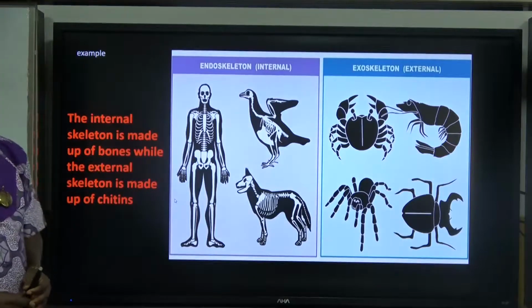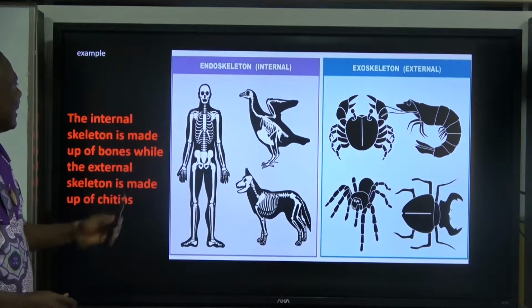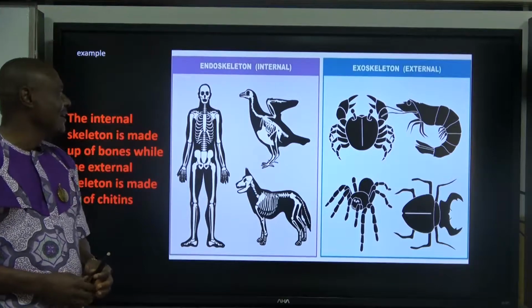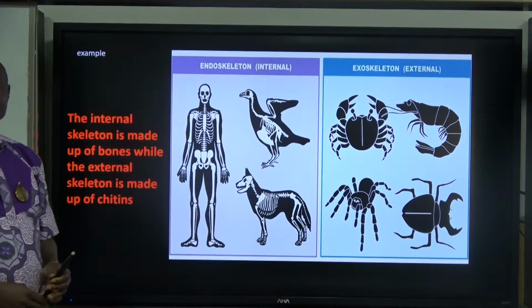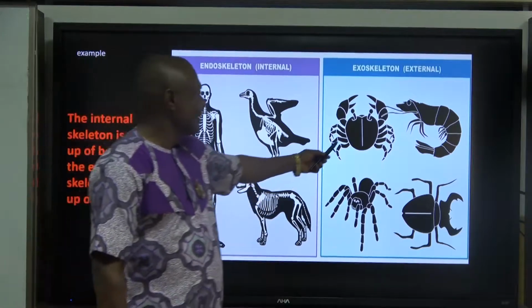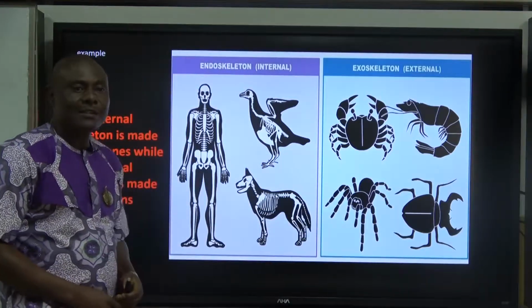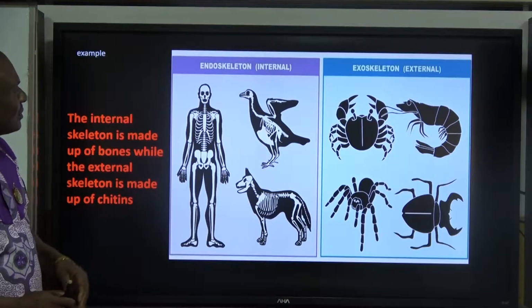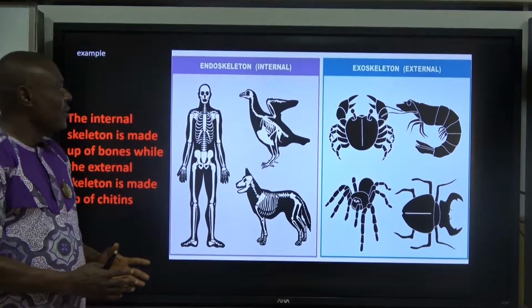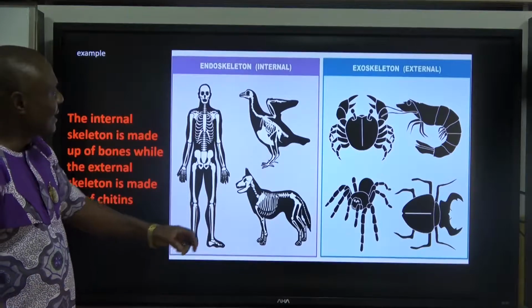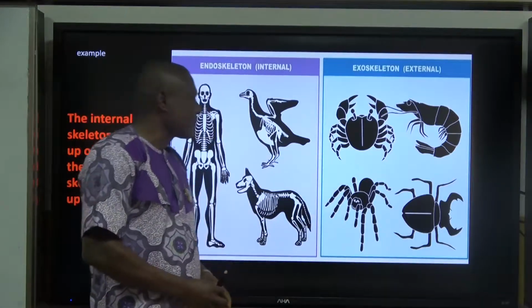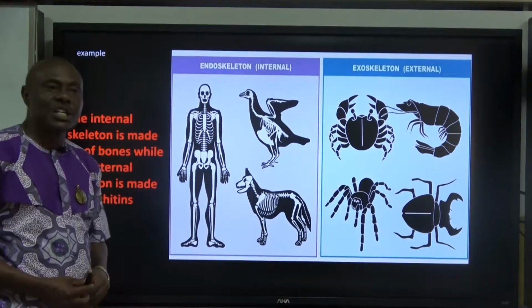Look at this: the external skeleton and the internal skeleton. The external skeleton is found mainly in insects, giving them their shape, but on the outside. This is a component we refer to as chitin.